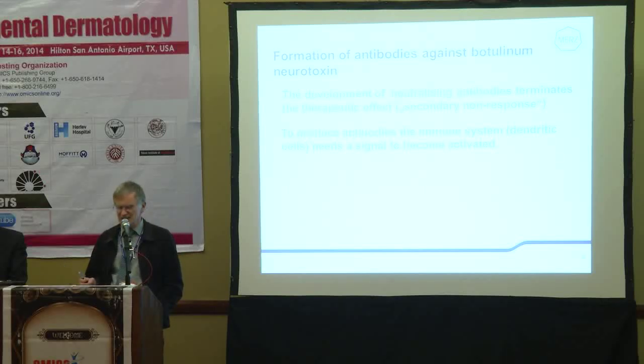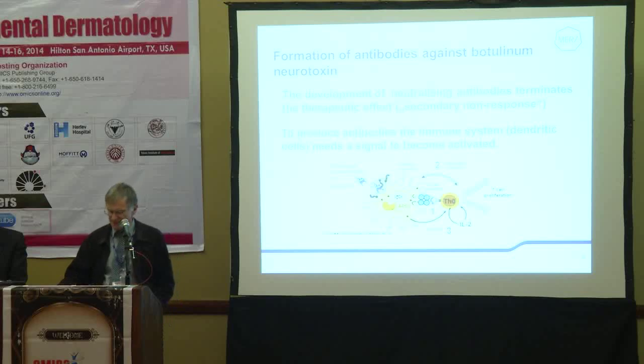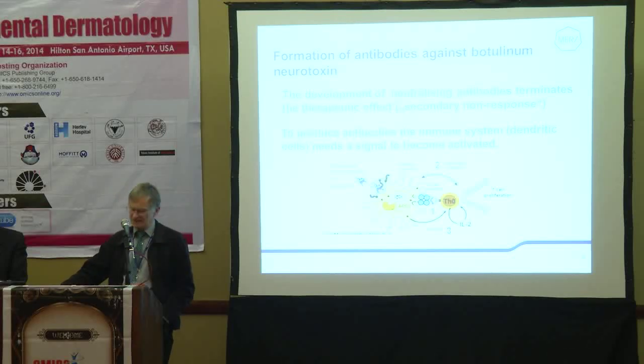The dendritic cells need a signal to activate T lymphocytes and then B lymphocytes. As you can see here, there are different signals which can activate dendritic cells to process the antigen and to secrete cytokines. That is, for example, DNA, flagellin, components of the cell wall, and other substances like lectins.